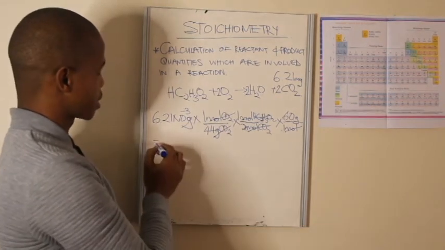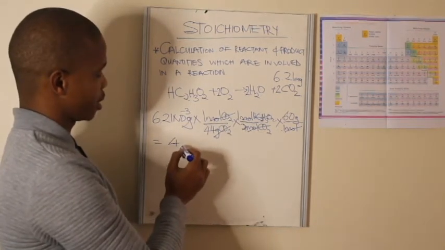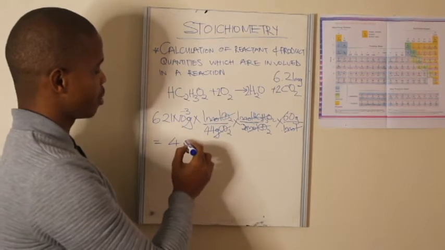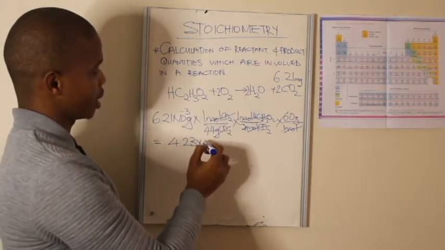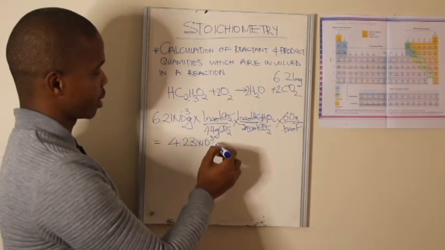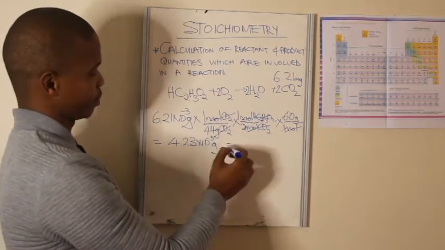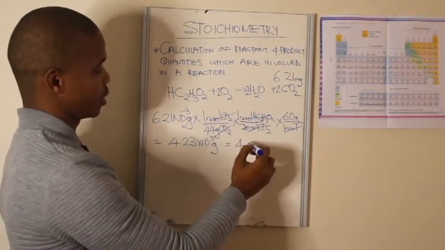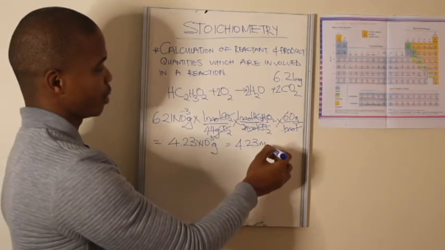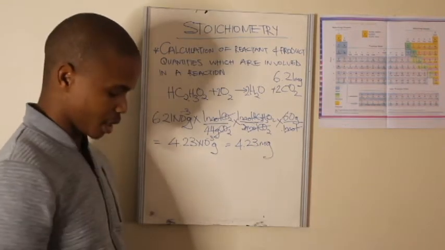Then you have your mass, which would be roughly 4.23 times 10 to the negative 3 grams. This is 4.23 milligrams of acetic acid.